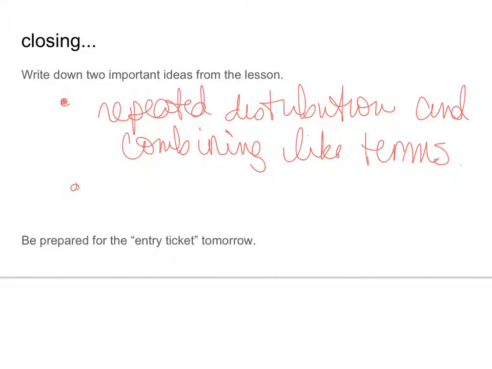And we also learned about some identities. Let me get a fresh slide so we can look at it.